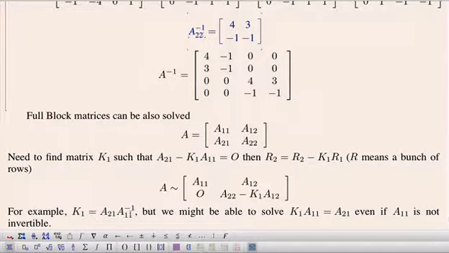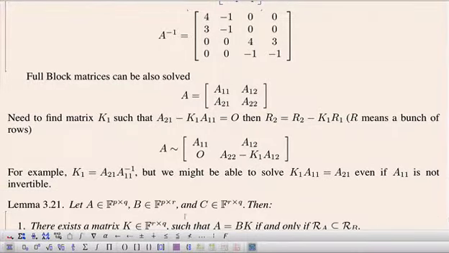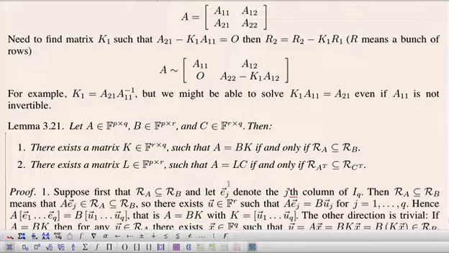But actually we might be able to solve K1 A11 equals A21, even if A11 is not invertible. And that's what the next lemma says.